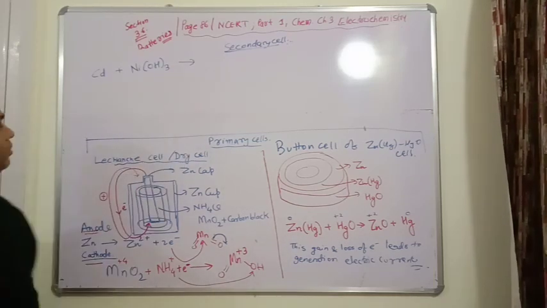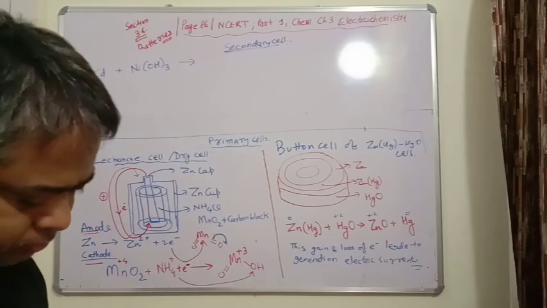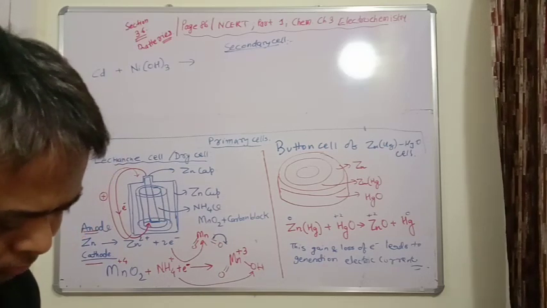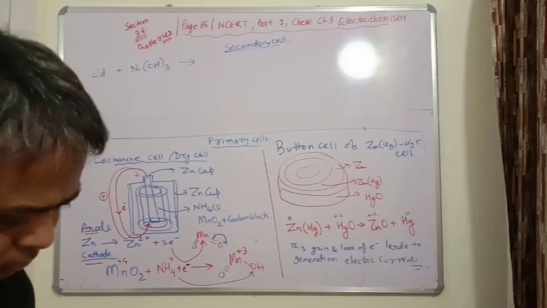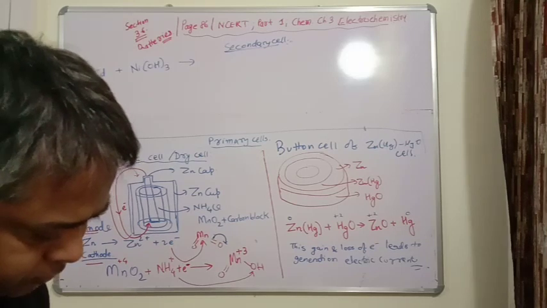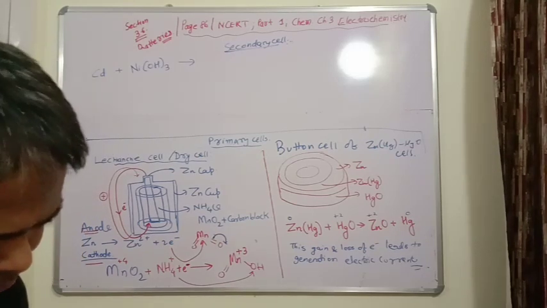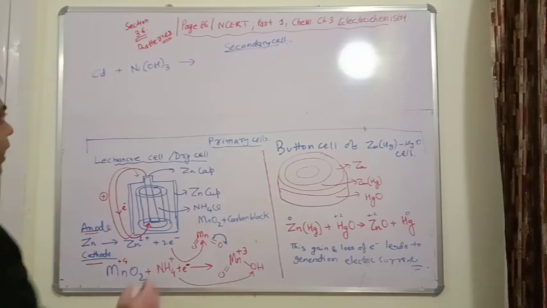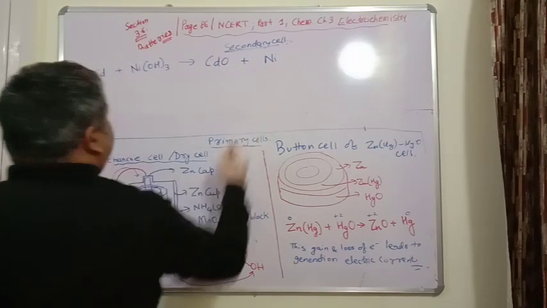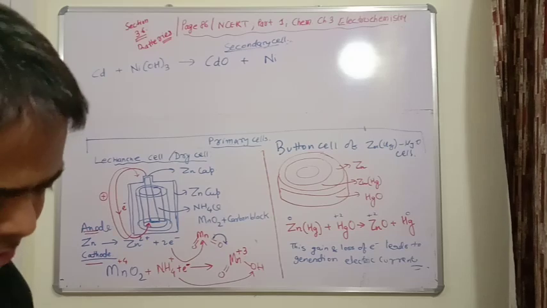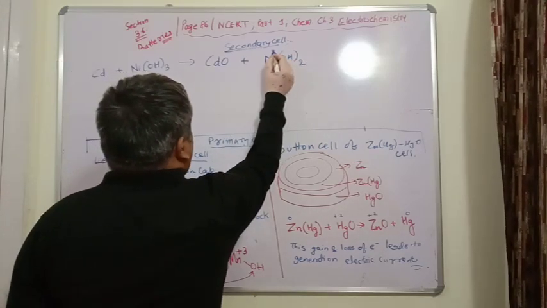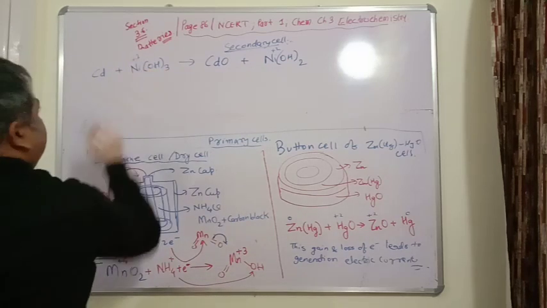It forms cadmium oxide, then nickel hydroxide in +2 state. It is more stable than this state.